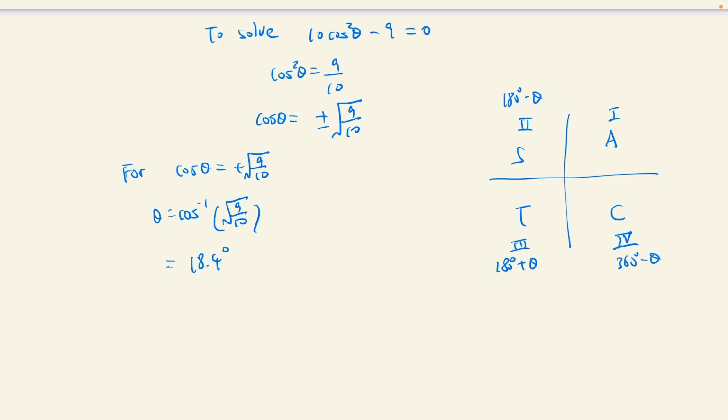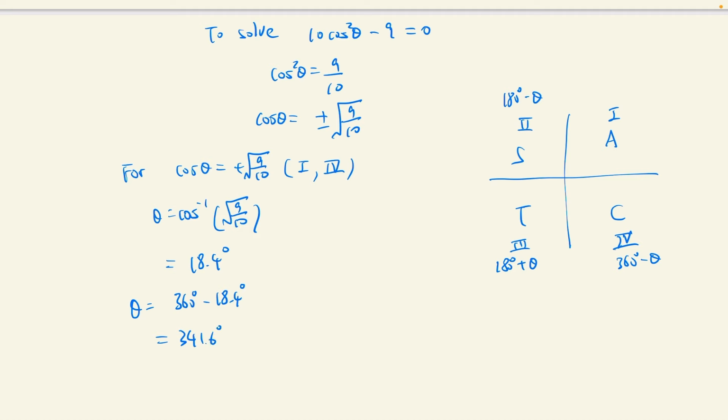So for cosine theta equal to positive square root 9 over 10, because we use quadrants 1 and 4, the other answer is 360 minus 18.4, which is 341.6.